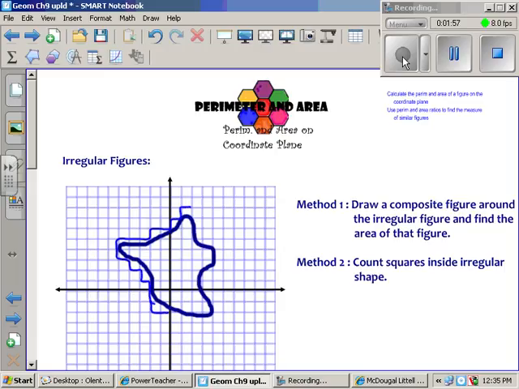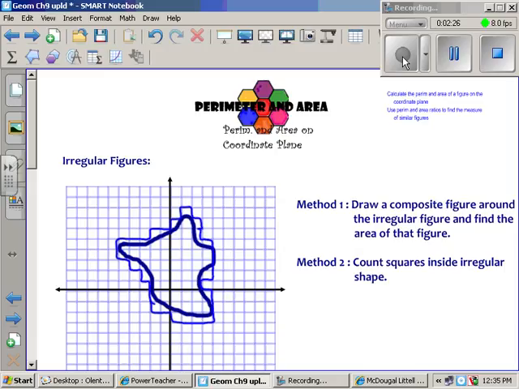They made sure that the shape was completely inside the boxes, but they got as close to it as they could. Then they counted up what the area was.